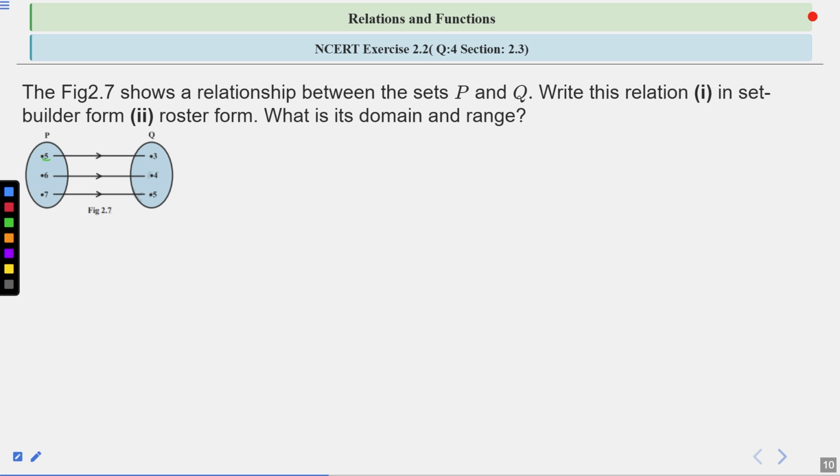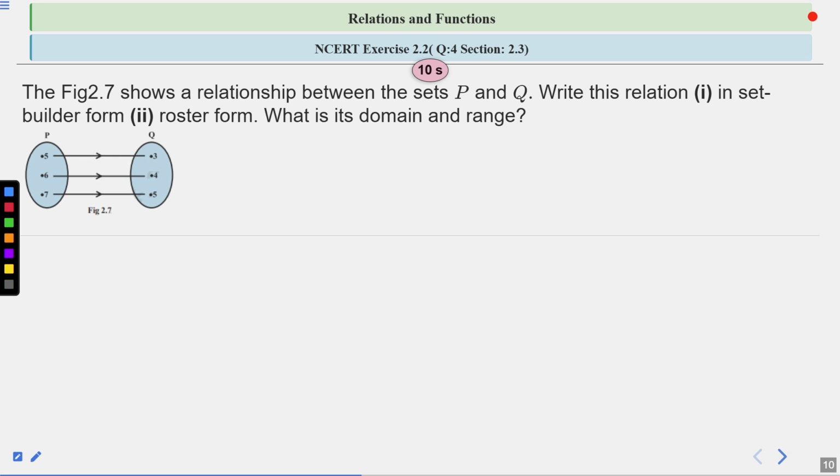Clear? According to this arrow diagram, we have to describe this relation in set builder form and also write this relation in roster form. Clear? And then find out its domain as well as range set.